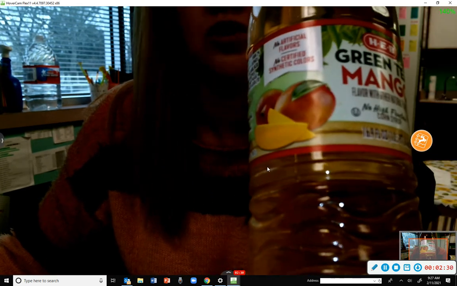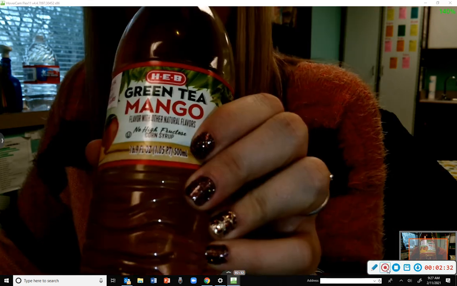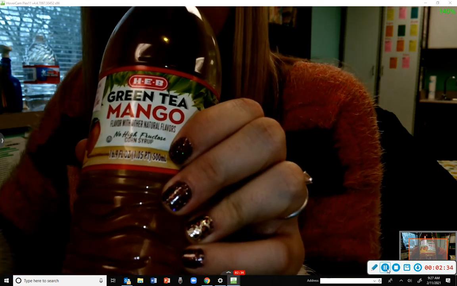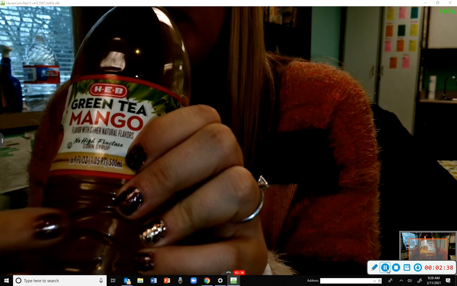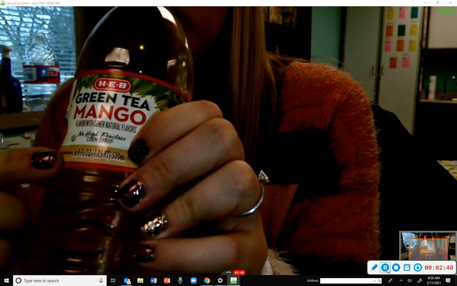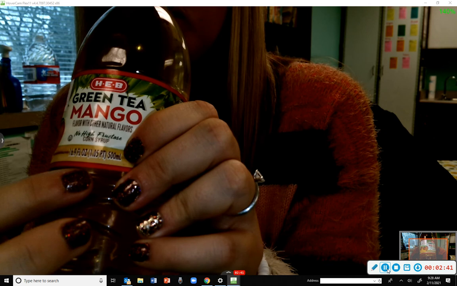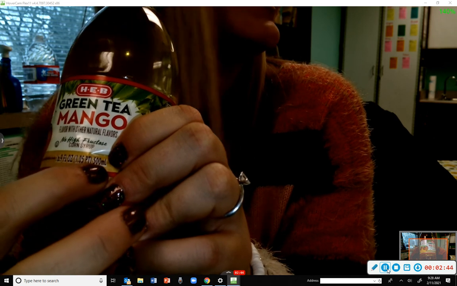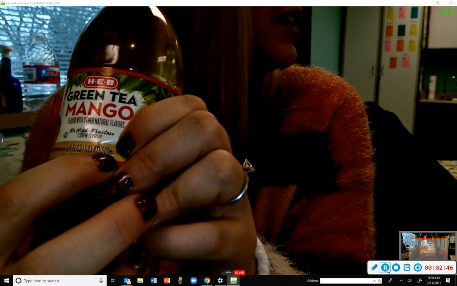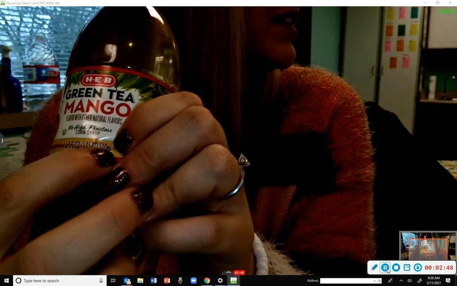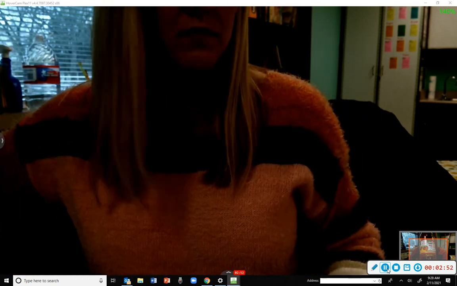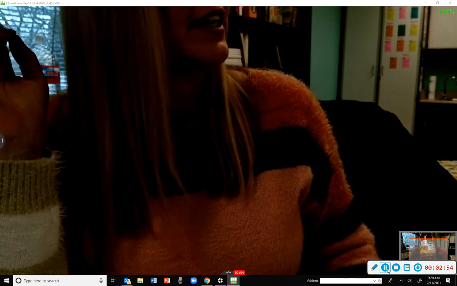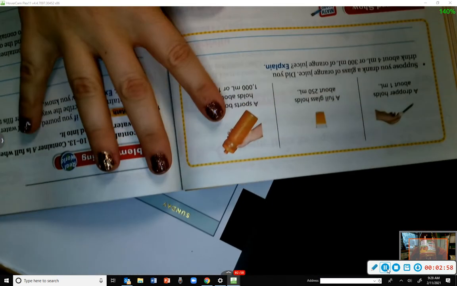Okay, so you'll see the customary, which is what we went over, which is ounces, pints, quarts, and then you'll also see milliliters or liters. Everybody see right here where it says ML? That stands for milliliters. That's what we're going to go over today, because we have 2 systems for measuring liquid. So we have our customary and metric. So today we're going to go over metric.